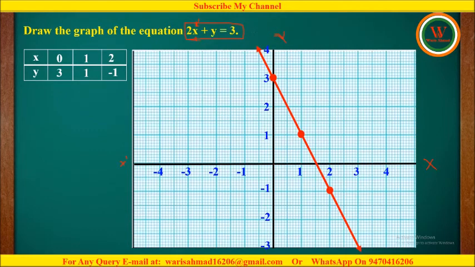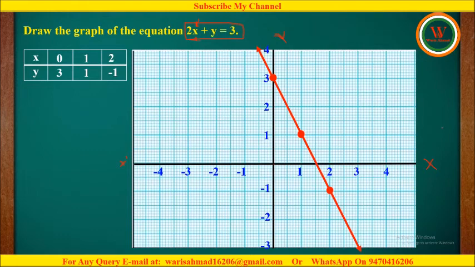If we are not getting a straight line, it means we have committed a mistake while finding the solutions. So always you have to consider 3 different solutions to plot the graph of any linear equation in 2 variables.